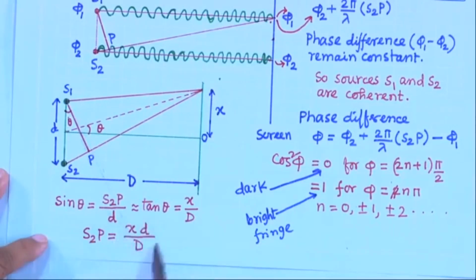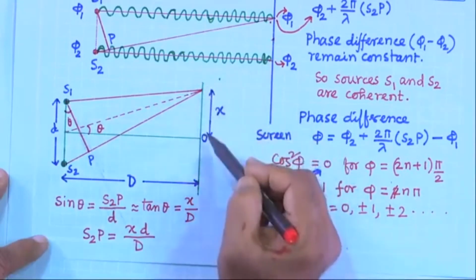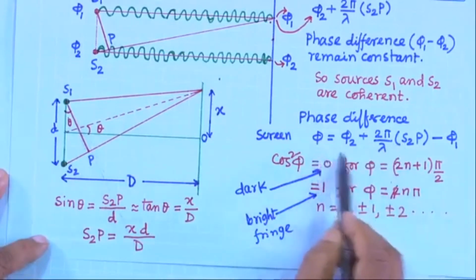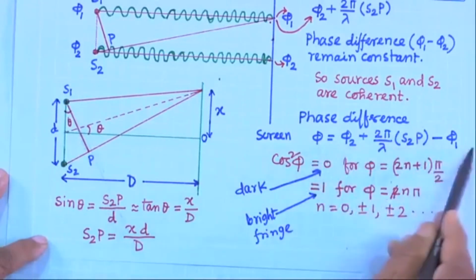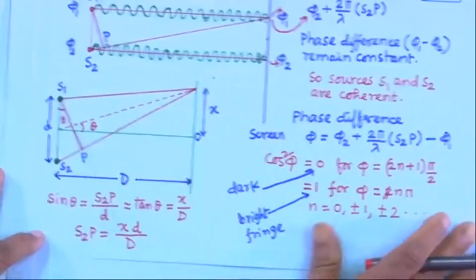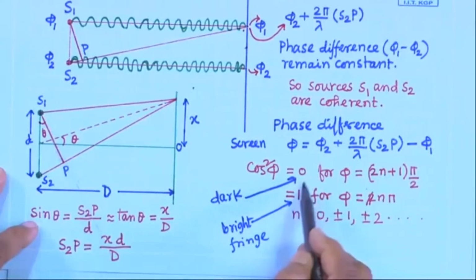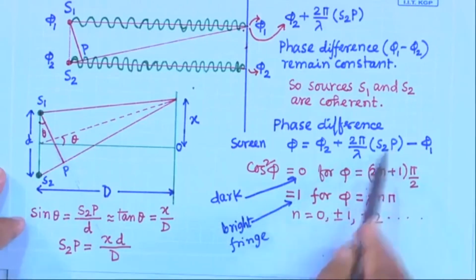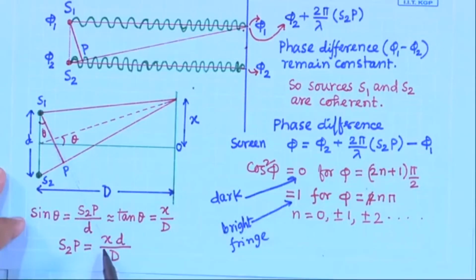So these are the conditions, these are the path differences. The path difference will depend basically on x, if the other two remain constant. That is why on the screen, as x varies, phi 1 and phi 2 remain constant all the time. So bright and dark will depend on S to P, that is, on x.